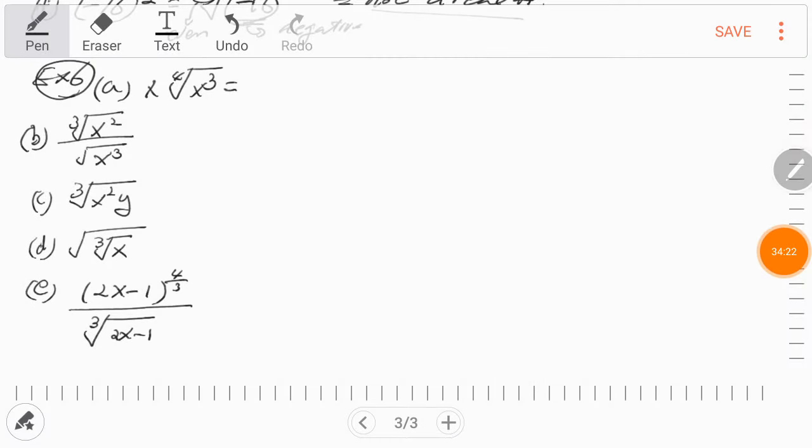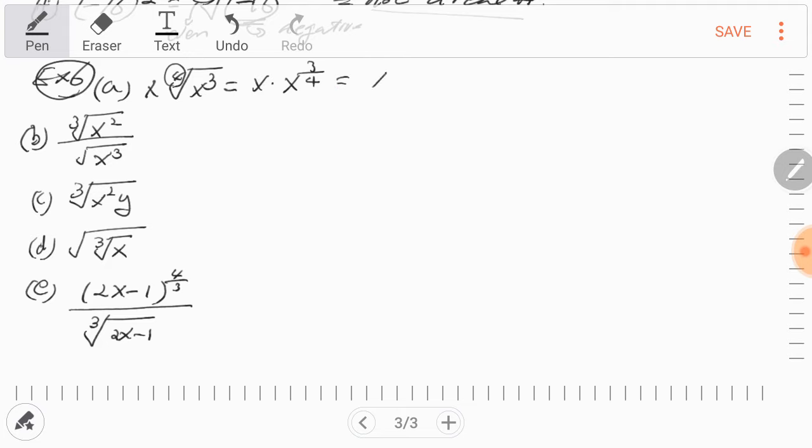Okay, in this example, let's simplify these expressions using rational exponents. So the first one is the fourth root, so we can write the fourth root as a rational exponent. Then this 4 moves to the denominator of the exponent, so x to the 3/4.